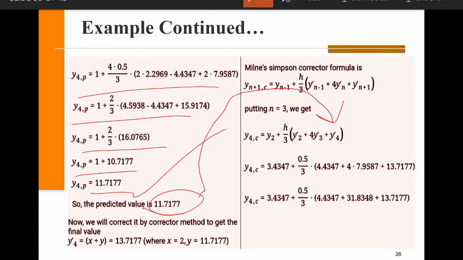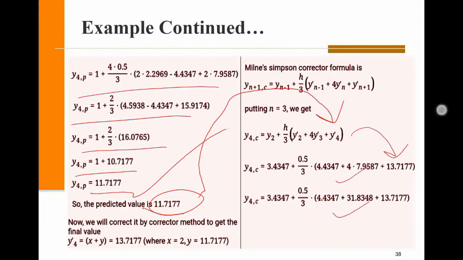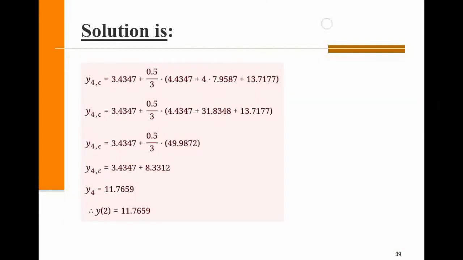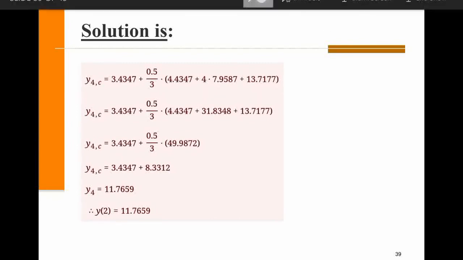So again y4 dash is as per your given slope, x4 plus y4. So we will substitute x4 and y4 in our slope, and we get y4 dash. After getting y4 dash, we substitute the values here. So you can see, we can find the results. This is our solution now.